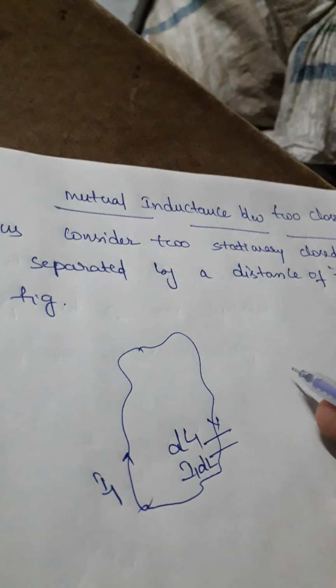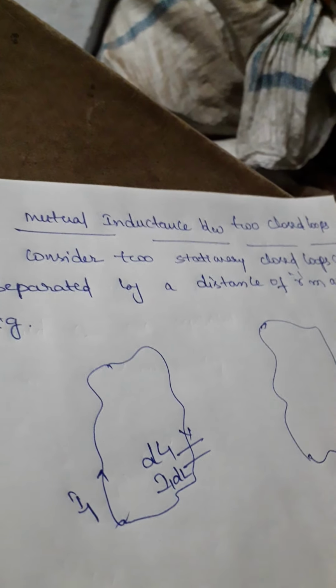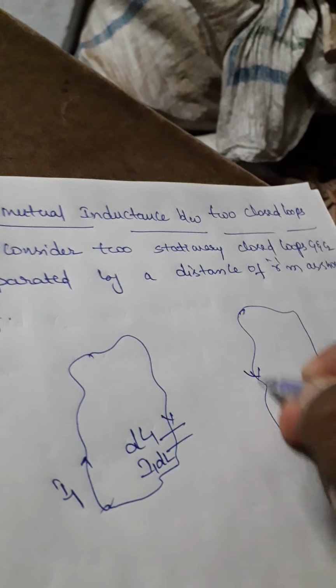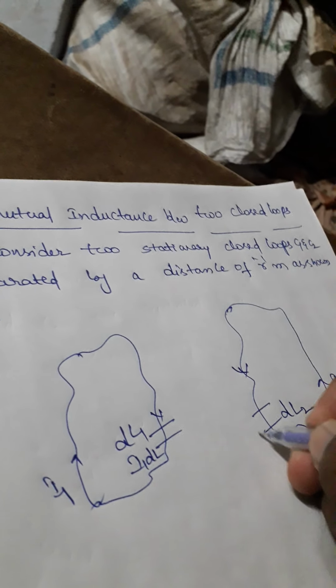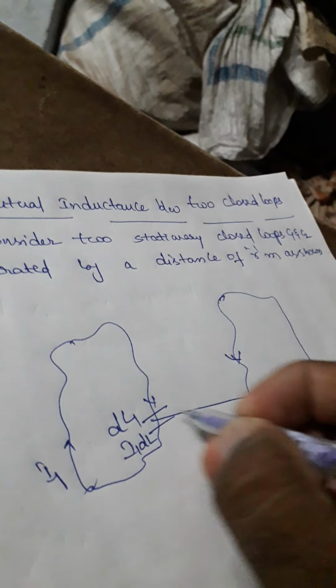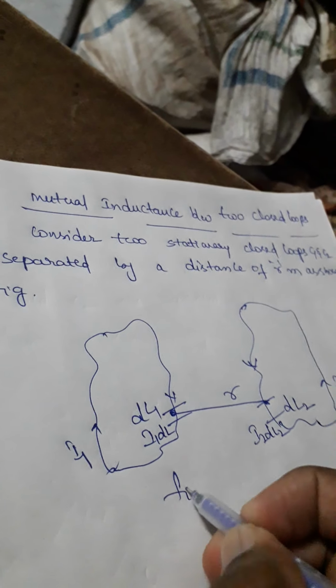Then one more closed loop here, the current flowing through this closed loop is in this direction, I2. So then this is dl2, then it is I2 dl2. These two are separated by r meters distance. So this is the figure.